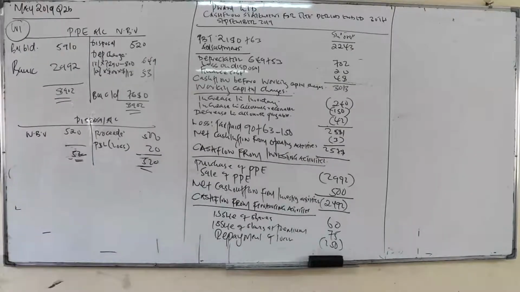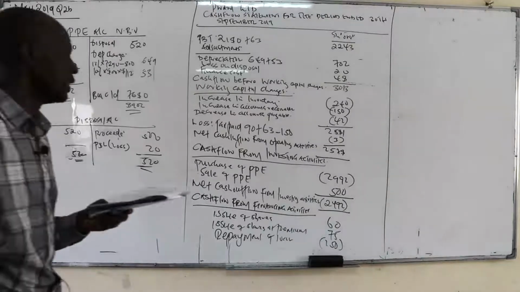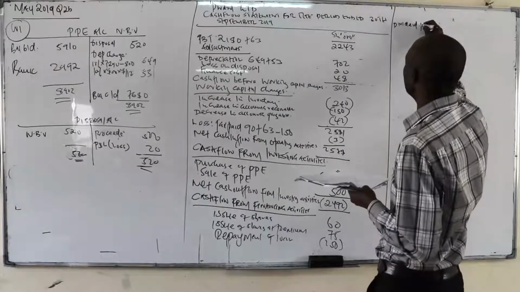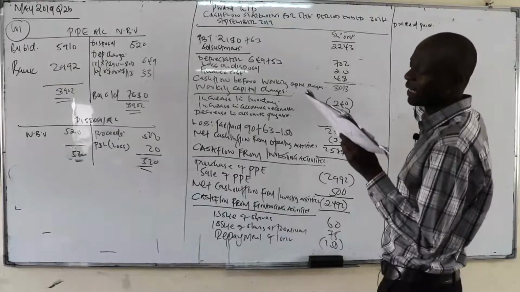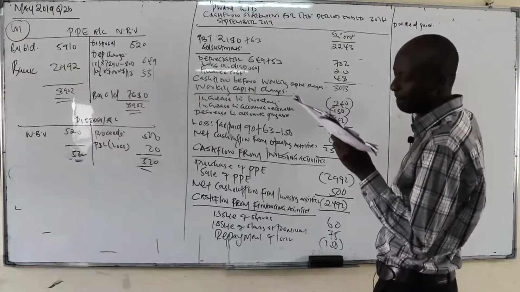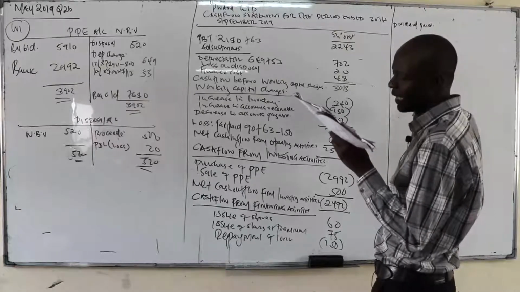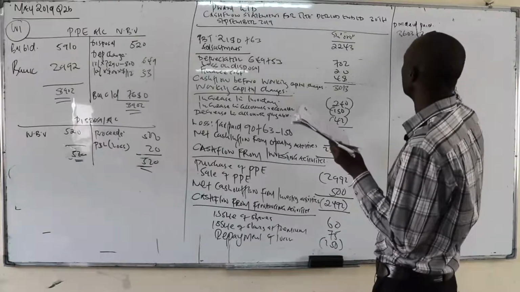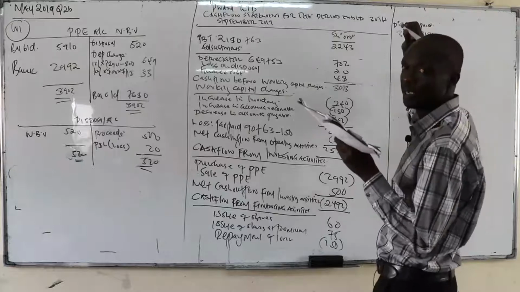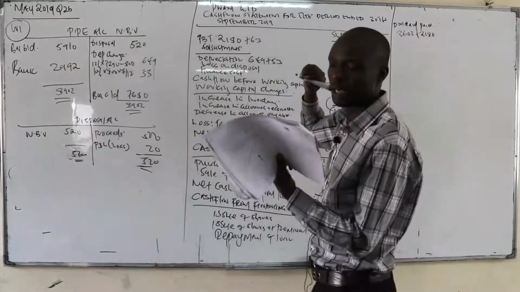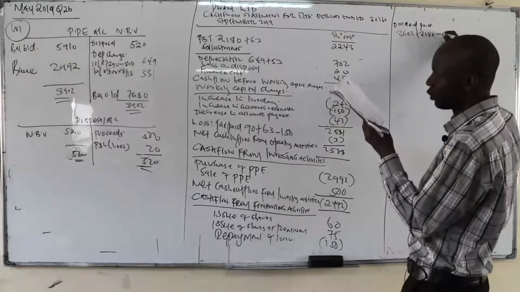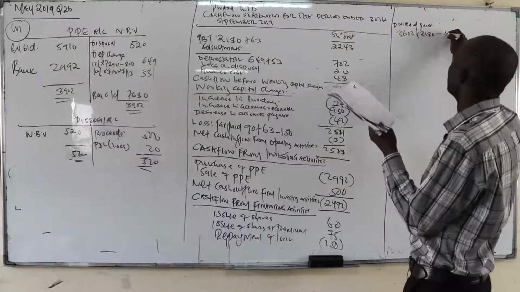So how do you determine the dividend that was paid? You check the retained earnings. When you don't have the dividend figure, you check the retained earnings, the balance going down from last year's figure. You take retained earnings last year, which is 6303, plus this year's profit after tax, which is 2180, minus the current year's closing balance, which is 5697.